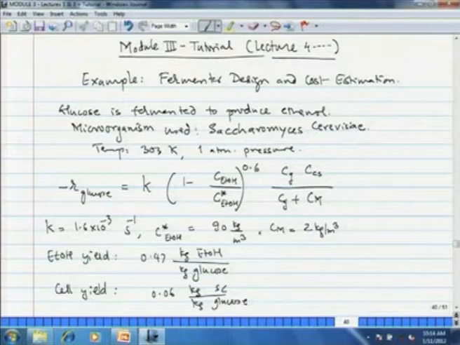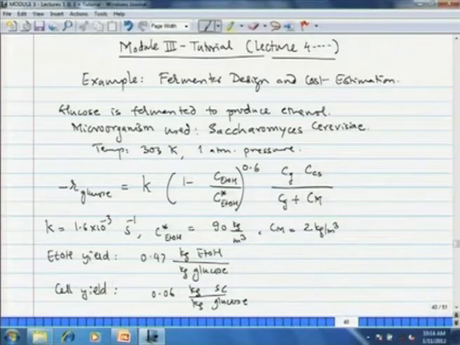This process is self inhibitory, which means the ethanol formed in the process kills the bacteria, and therefore, at a certain concentration of ethanol, all the bacteria are killed and the glucose fermentation stops. That inhibitory concentration of ethanol, C star, has been given as 90 kg per meter cube.